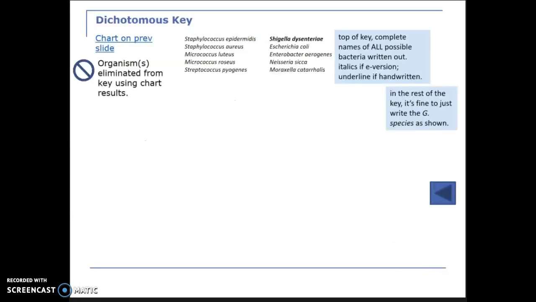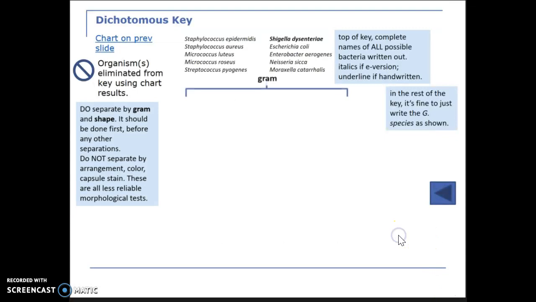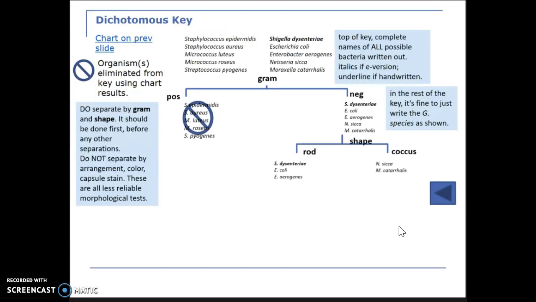Anyway, here on the chart, I'm going to separate these 3 rod-shaped gram-negatives by a Voges-Proskauer test. Positive and negative results. And looking at my chart, I put them in their corresponding sides.